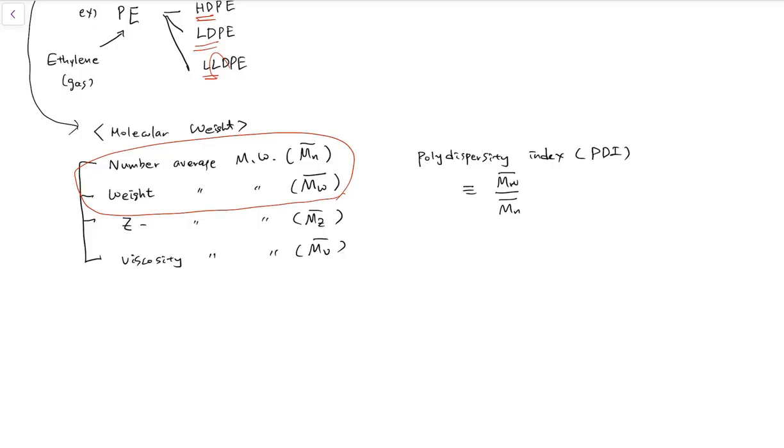So let's see what exactly these different kinds of molecular weights are and how they are defined. And before moving on, why exactly is molecular weight important? Why do we really care about molecular weight?